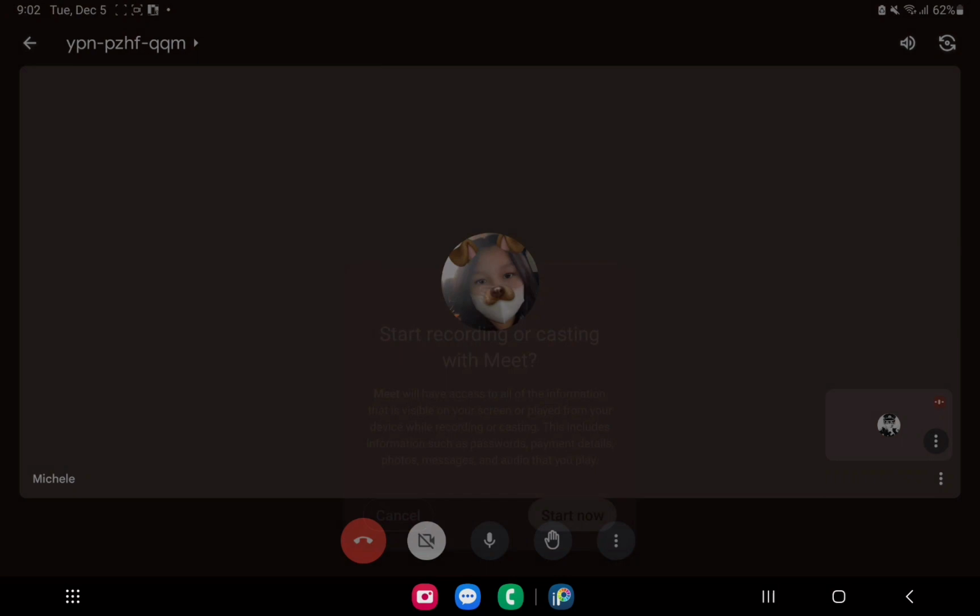Okay. So the question is, can we put text? I only have sticky note. There's no T for me. How do I edit this thing?